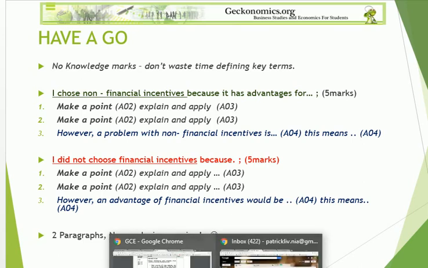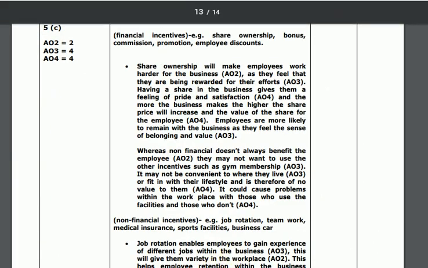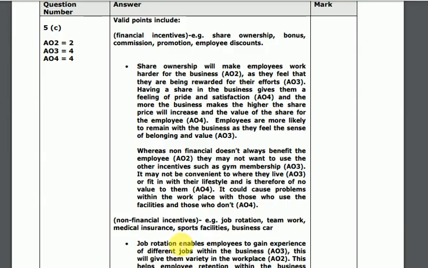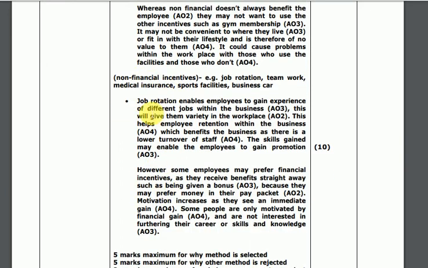Okay, so the mark scheme on this, we were looking at advantages of non-financial incentives. Job rotation enables employees to gain experience of different jobs. This means they've been given more variety. This helps employee retention. It benefits the business with a lower staff turnover.